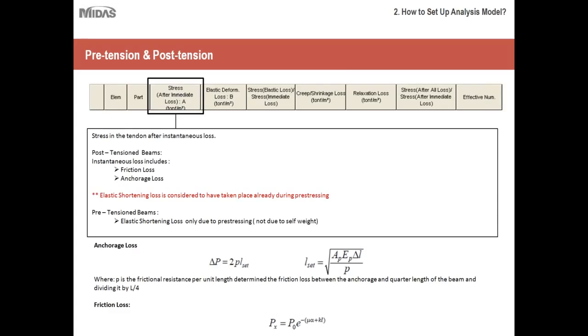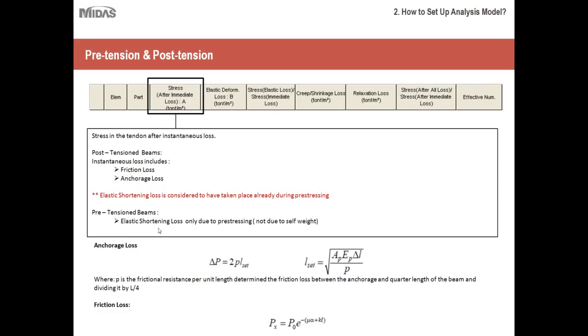So there's a lot of scope for human error that keeps all the engineers on their heels. In post-tension beams, as we all know, there are friction losses and anchorage losses that make up the instantaneous loss. So if it is a post-tension beam, under stresses after immediate loss, we will see the instantaneous losses comprised of friction and anchorage losses.